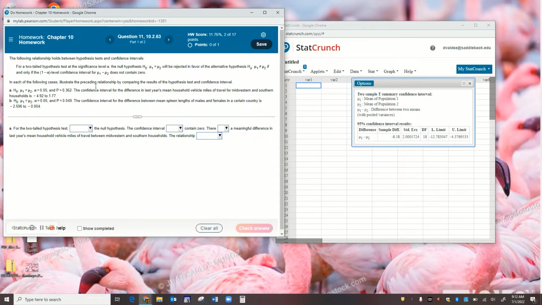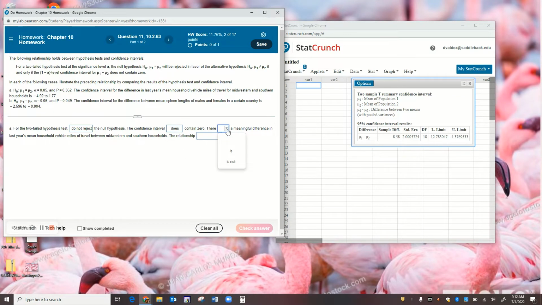And remember, the relationship tells us that we reject the null if and only if the confidence interval does not contain 0. So if it does contain 0, you fail to reject the null. So that's what's going to happen here for A. We do not reject the null because the confidence interval does contain 0.